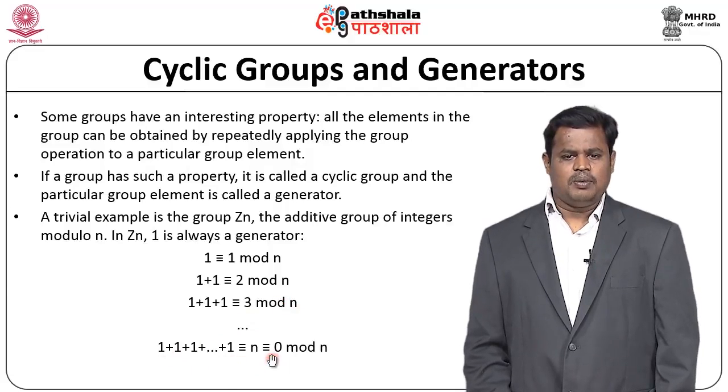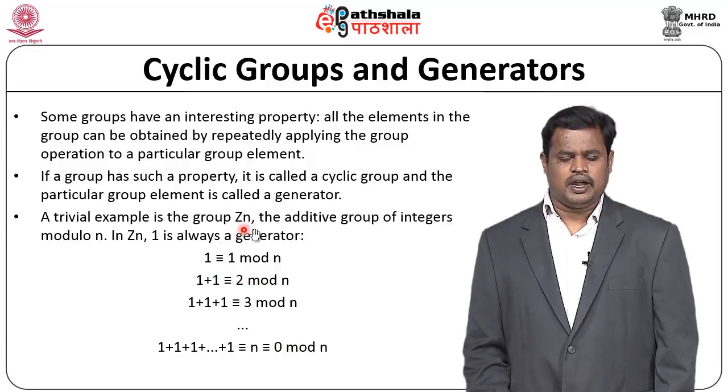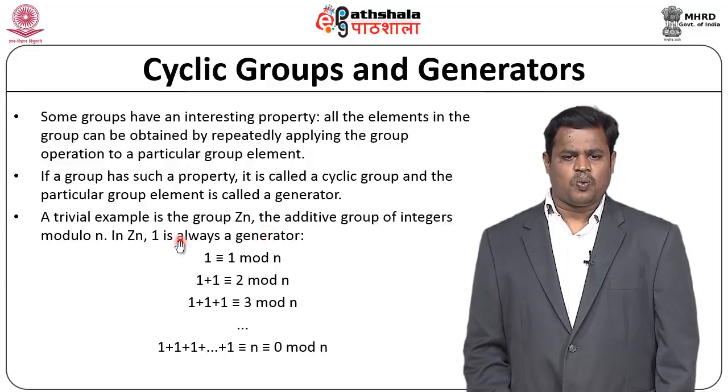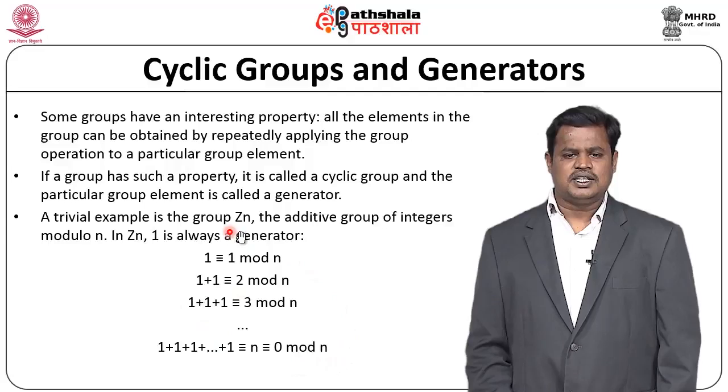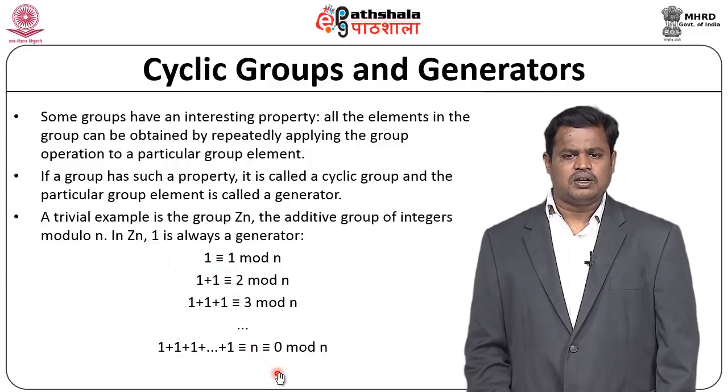So, we can see here all the numbers belonging to this group Zn were generated with the help of the generator 1 by using the group operation addition. So, now I can say Zn is a cyclic group and 1 is our generator, which can generate all the elements in that particular group.